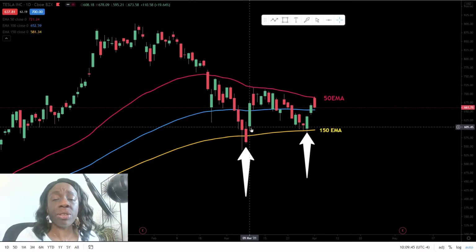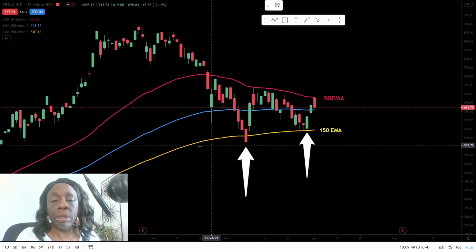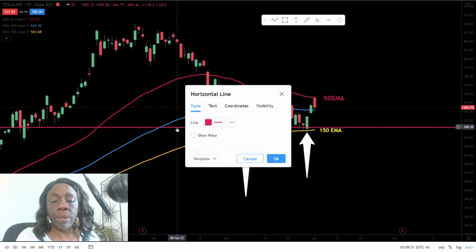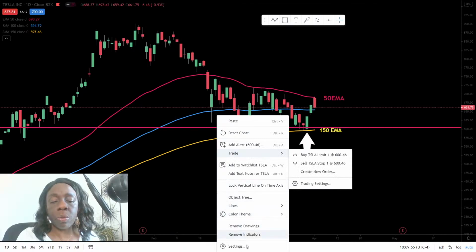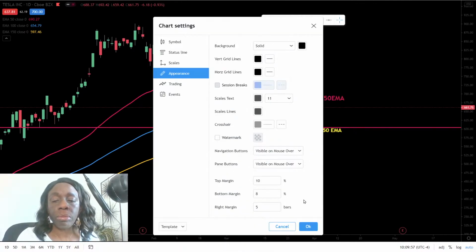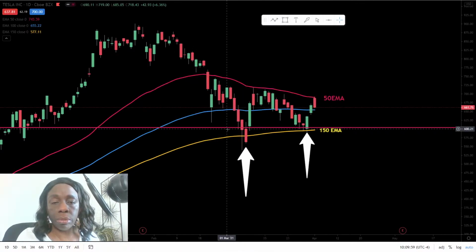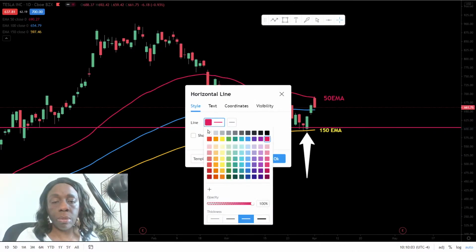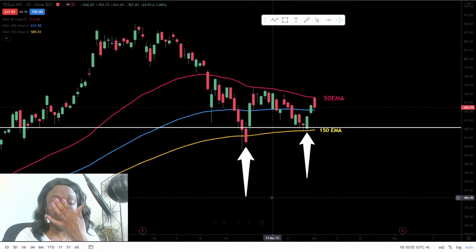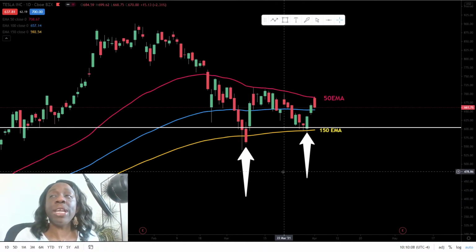If you entered into the trade right down here, let me draw. Actually, I like to make this white. If you entered into the trade at the white line, you would come away profitable for the day.